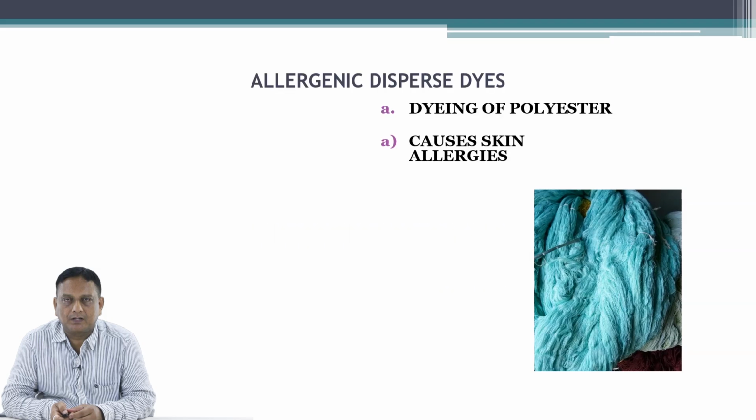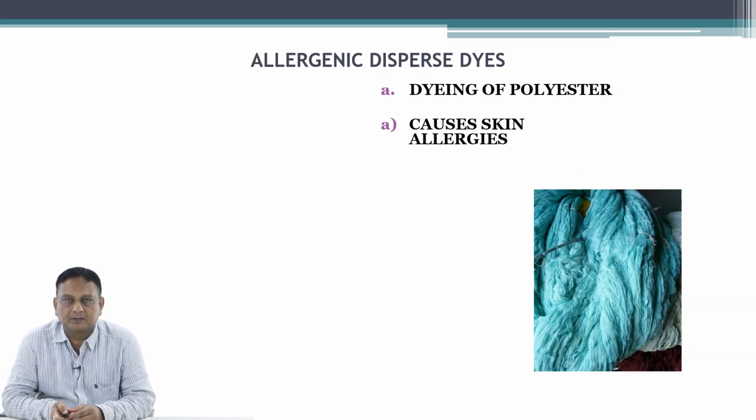Now if you talk about dyes, there are certain allergenic disperse dyes, and disperse dye is used for dyeing polyester. If allergenic disperse dyes are used, it will cause skin allergy. So polyester dyeing is one of the challenges.